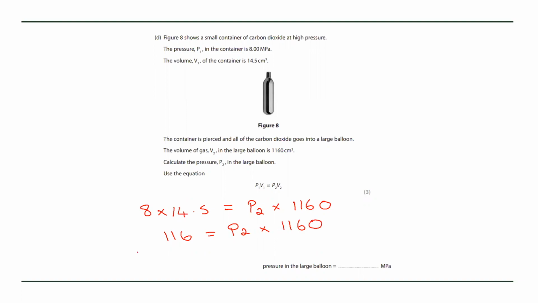Let me divide both sides by 1160. 116 divided by 1160 gives us P2, which is 0.1 megapascal. It seems low, but it's megapascal, like a million. So it's not actually that low. It's actually a lot easier than we probably thought.